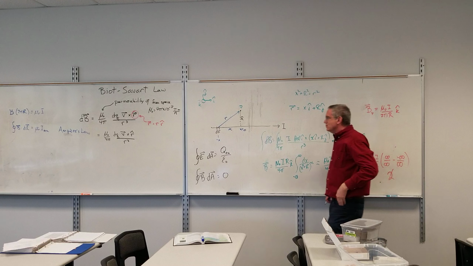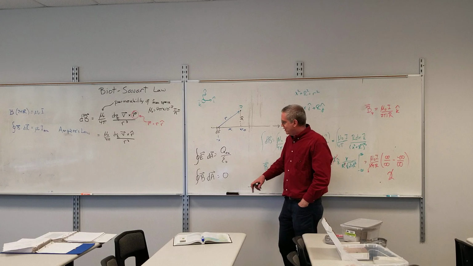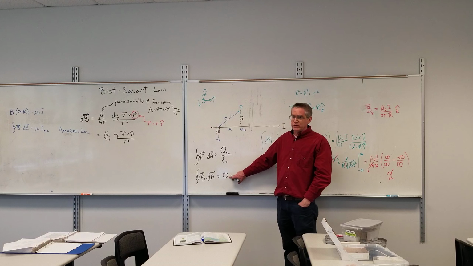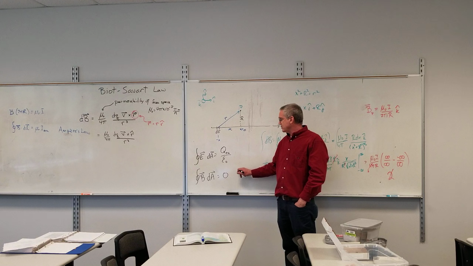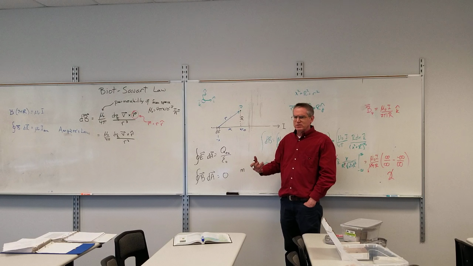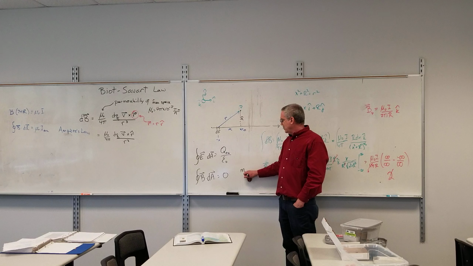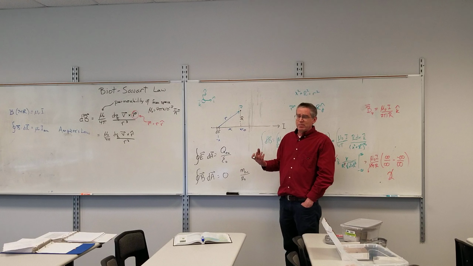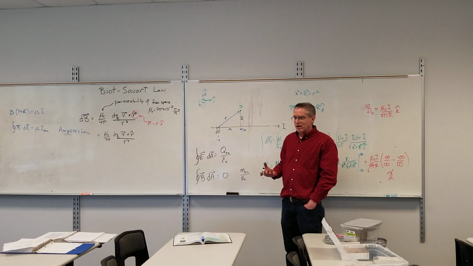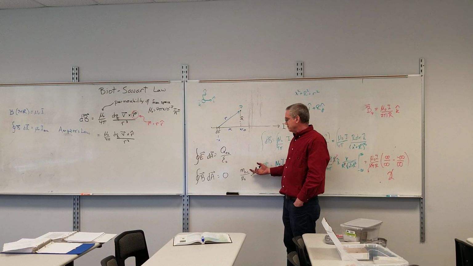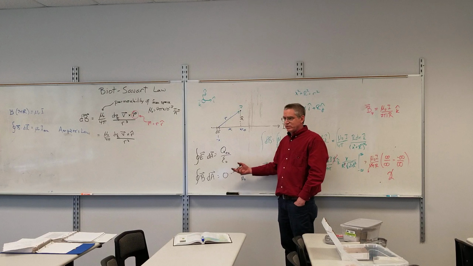If a monopole can exist, then it won't be equal to 0 anymore. I think the symbol I saw used was an M, but it could be something else. So M enclosed over mu sub naught. If they ever find a monopole, then they have a reason to have a magnetic charge, and it would be equal to this instead of 0.